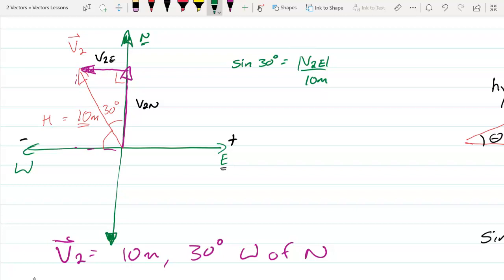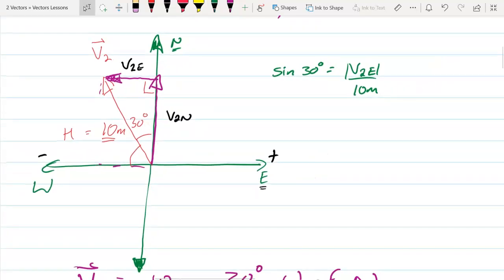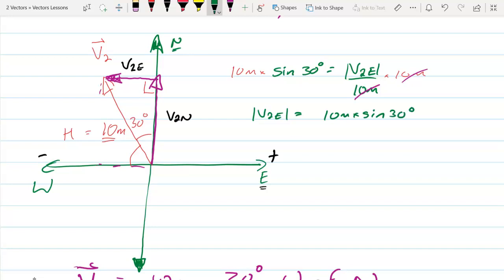I'm going to get a positive number, but recognize that since it actually points west, it's going to be negative. So we could solve this for V2 east. Multiply by 10 meters, cancel, and we will get V2 east equals 10 meters times the sine of 30 degrees, which equals 5 meters. And since this points in the negative direction, V2 east equals negative 5 meters.